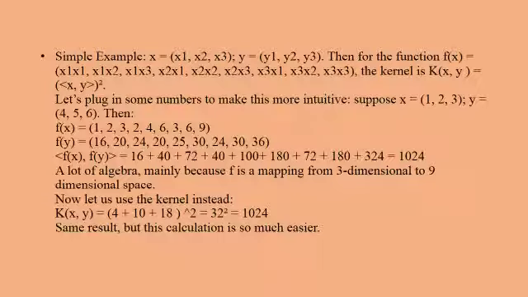A lot of algebra, mainly because f is a mapping from 3-dimensional to 9-dimensional space. Now let us use the kernel instead. K of x comma y is equal to 4 plus 10 plus 18, whole to the power of 2, that is 30 to the power 2, which is equal to 1024.